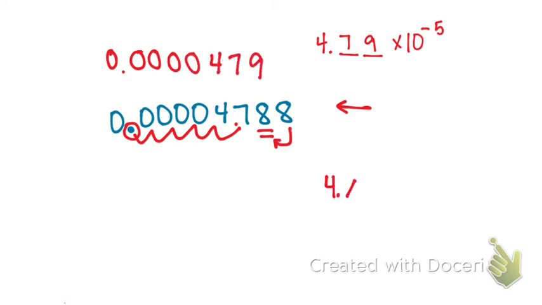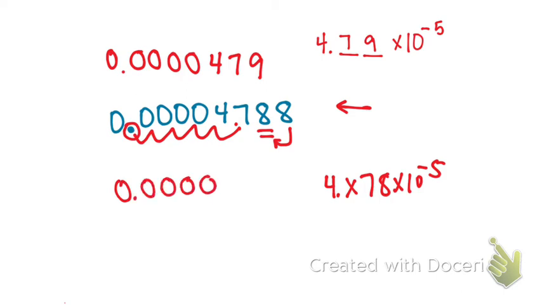But if I had 4.78 times 10 to the negative 5th, my number would be 0.0000478. Now, if I look at my original number, is it closer to the top or closer to the bottom? It's closer to the top. Look, because this 88 is closer to 90 than 88 is closer to 80. You know what I'm saying?